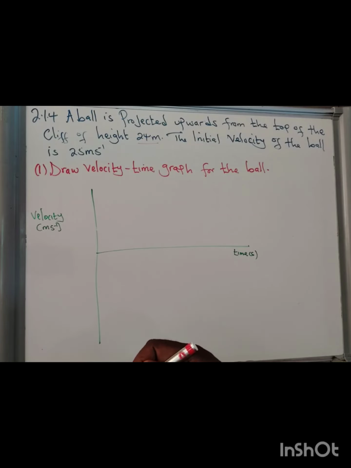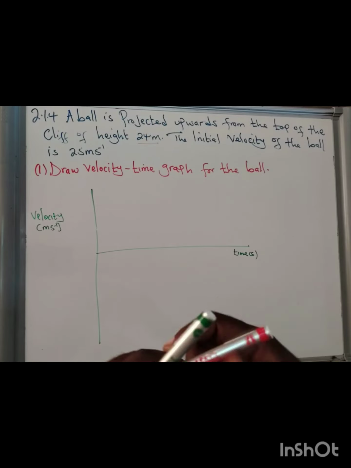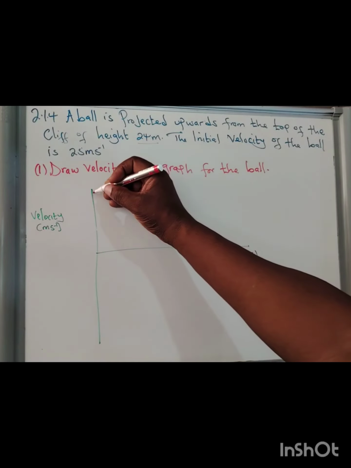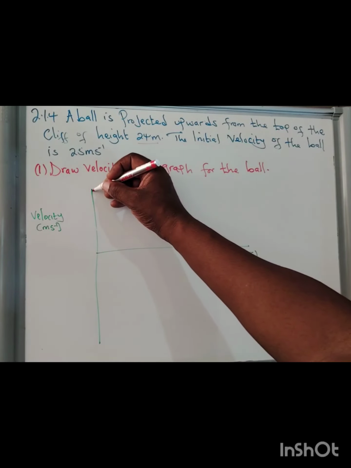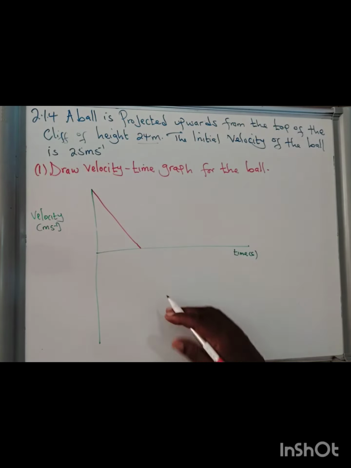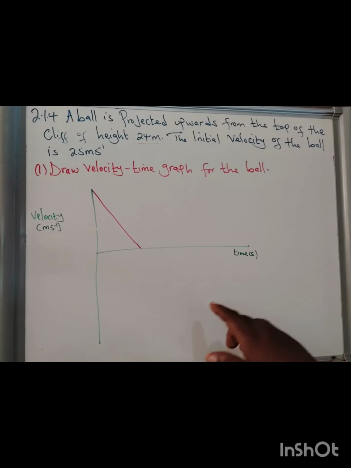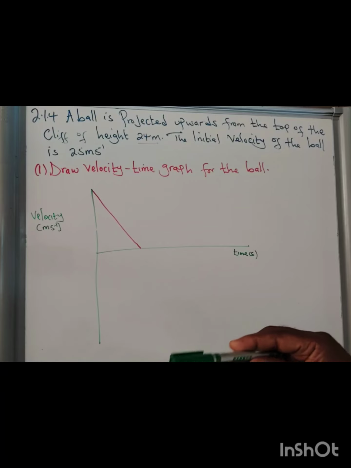So the ball was projected upwards. So as it's moving upwards, this is the kind of graph we get. Why? Because as the ball moves upwards, it decelerates at the rate which is equal to acceleration due to gravity. Deceleration means decrease in velocity.